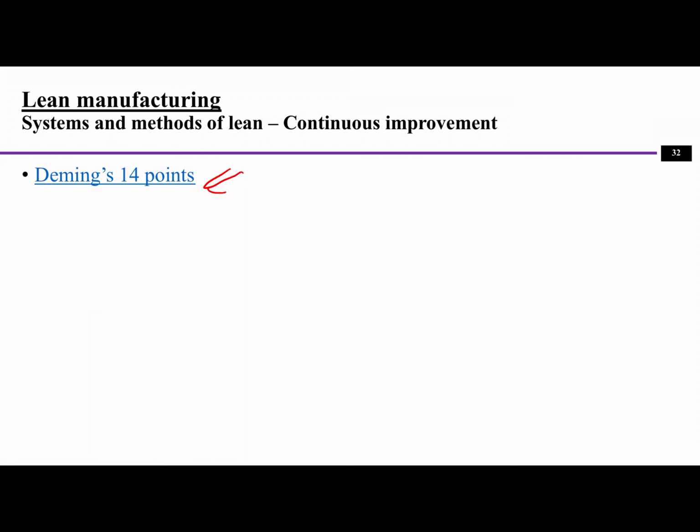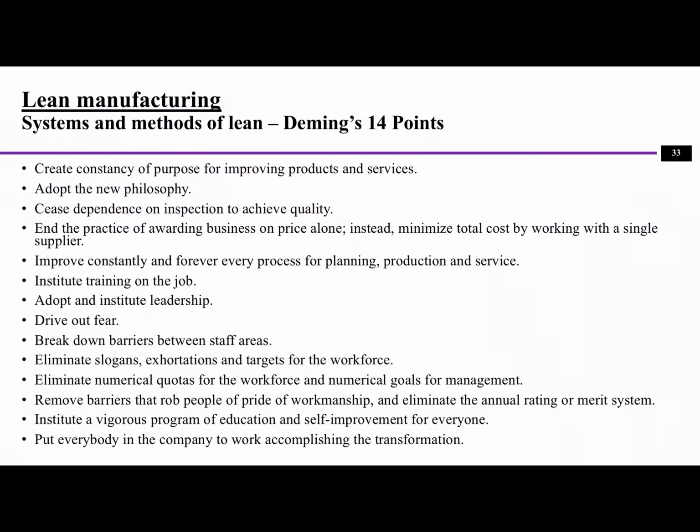These are principles, or items you need to pay attention to when you are doing production management, or working as an engineer on continuous improvement. These 14 points are all related to continuous improvement. For example, cease dependence on inspection to achieve quality.